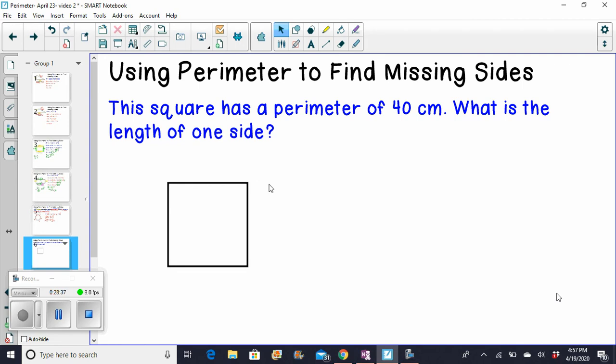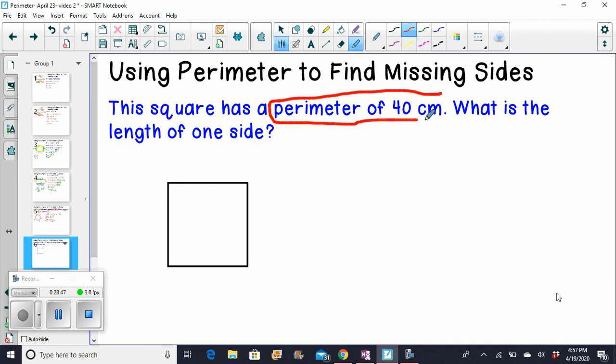Now, what do you know? Look at this square. Nothing is labeled on it, but that's okay. All right, things that we know, don't panic. We know that there is a perimeter of 40 centimeters. We know that P equals 40 cm. We know that it is a square. Why is that important? Well, what do you know about squares?